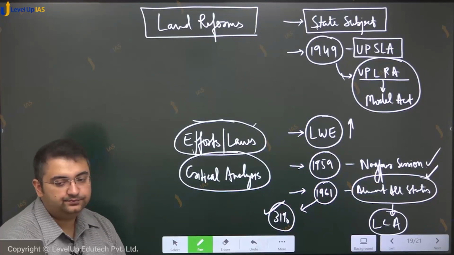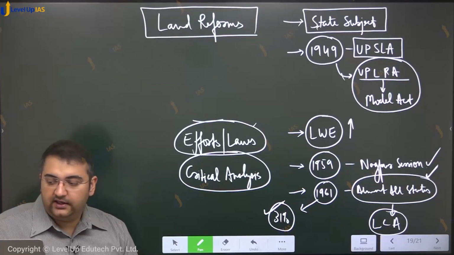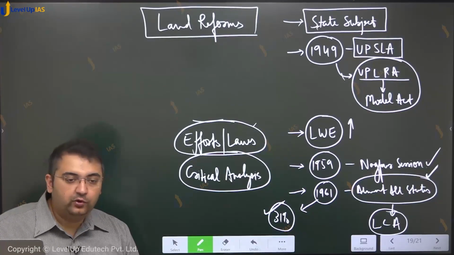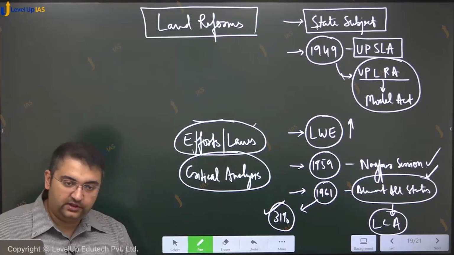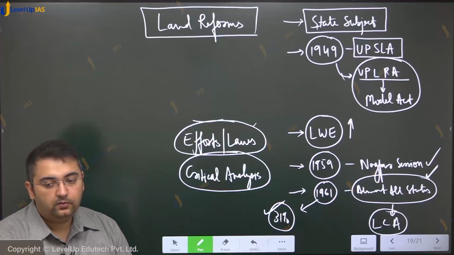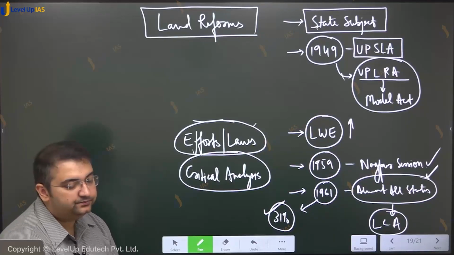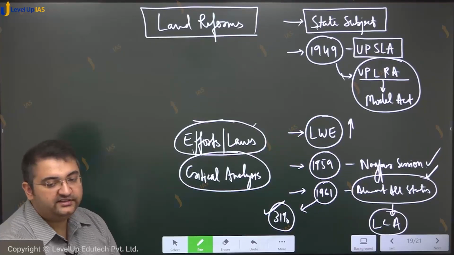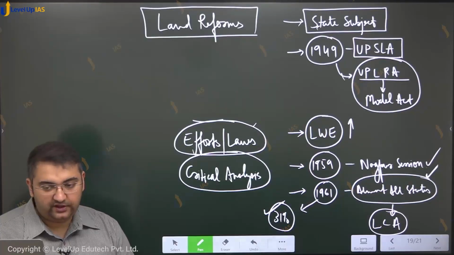Ninth Schedule क्या है? It is a list of those laws which are not subject to judicial review. ठीक है? Write down. Which protects social legislations from judicial review.